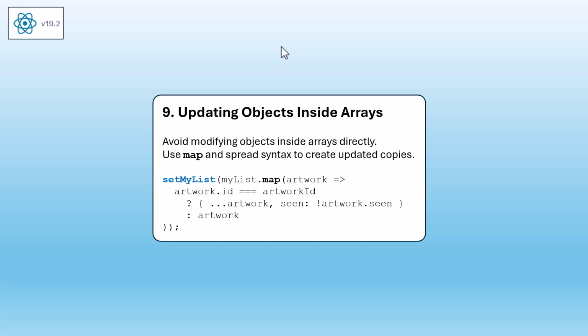A common mistake is to copy only the outer array but then directly modify one of the objects inside it. This still mutates shared state. Instead, you can use map to return a completely new array where the object you want to update is replaced by a new object that contains the updated values. The rest of the items remain unchanged. This ensures that no object in your new array shares a reference with the old one, preventing unwanted side effects and bugs.